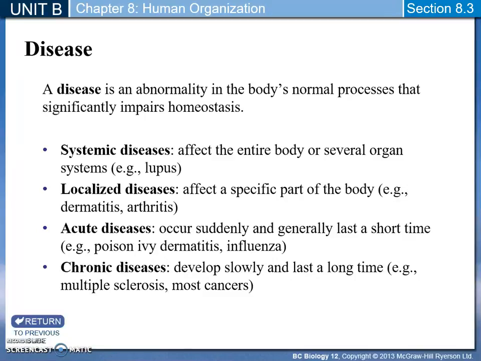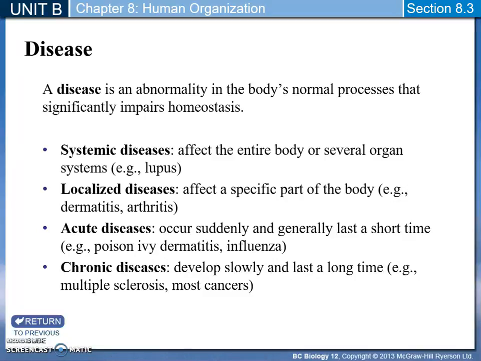So you have systemic diseases. They affect the entire body or several organ systems, for example lupus, also referred to as systemic lupus erythematosus. And then you have localized diseases, and they affect a specific part of the body. For example, dermatitis, which affects the skin, and arthritis, which affects bone.